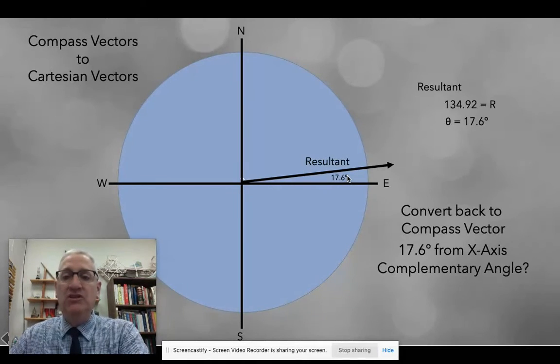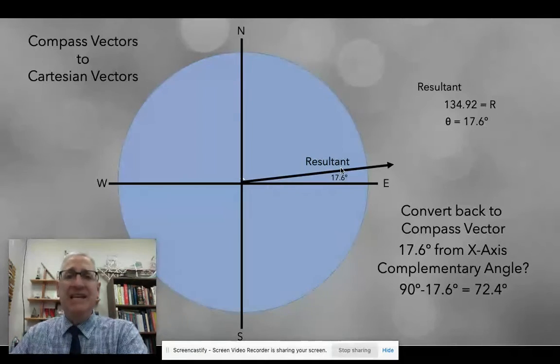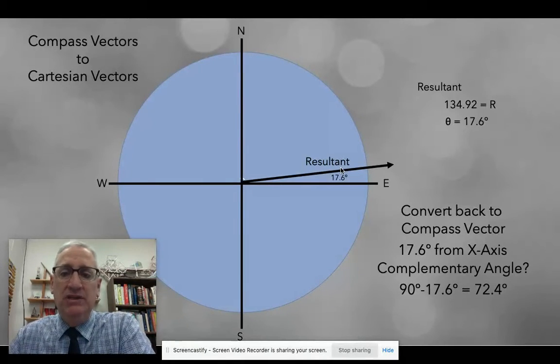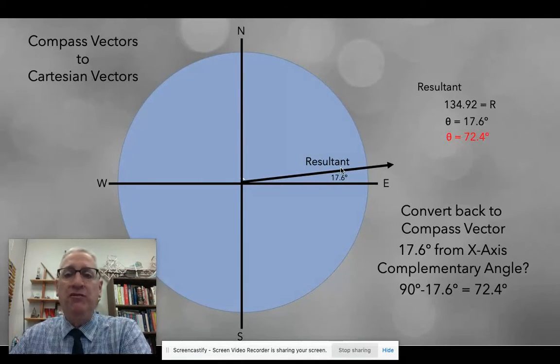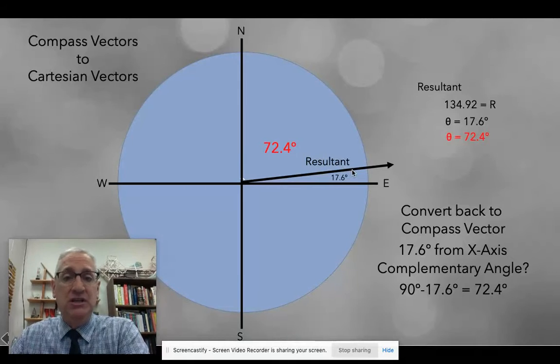And so if we just find the complementary angle for this area right here, that will actually be the compass vector. So we take 90, we subtract 17.6, and we get 72.4. And that value 72.4 is actually the compass vector of the resultant of these two values.